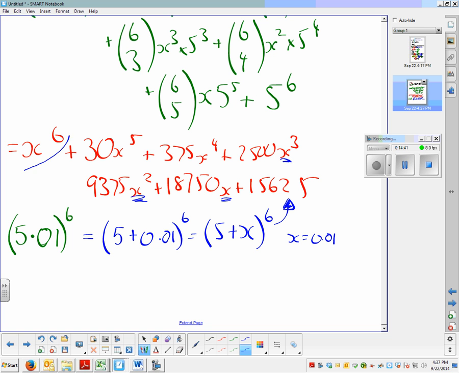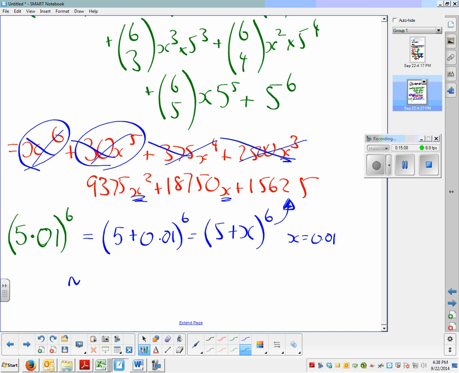So these numbers, this one, is going to be absolutely tiny if x is 0.01. And this one's going to be really small as well. In fact, if I wanted to know the value of 5.01, I could probably ignore all of those and just use those three terms and get a pretty good estimate of 5.01 to the 6.